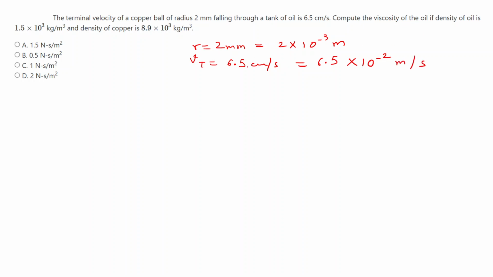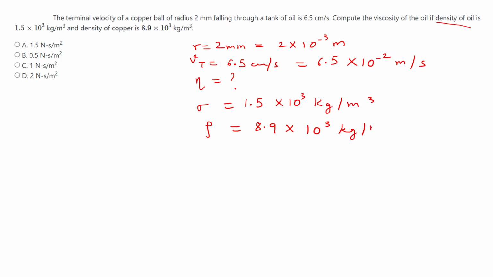Compute the viscosity. So we need to compute the coefficient of viscosity, and we have been given density of oil, sigma. Density of liquid we denote with sigma. So density of oil is 1.5 times 10 to the power 3 kg per meter cube. And the ball is made up of copper. The density of copper also we have been given in SI unit, 8.9 times 10 to the power 3 kg per meter cube.